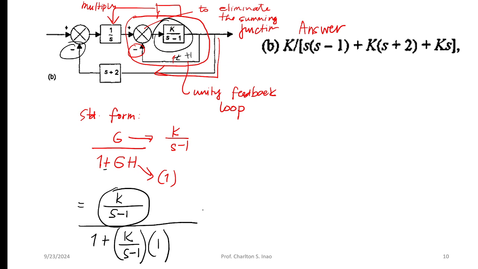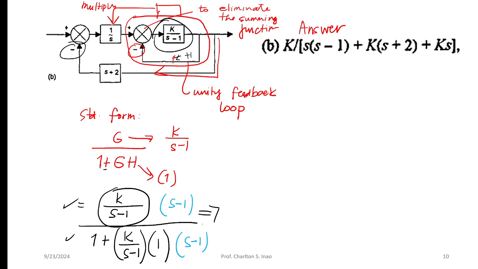So can we simplify this still? We can, right? Because we have to multiply both the numerator and denominator with an expression that will eliminate the denominator of each element. And that's going to be what? Let me change the color. This one, no? So we multiply this whole term in the numerator with S minus 1, and also this with S minus 1.